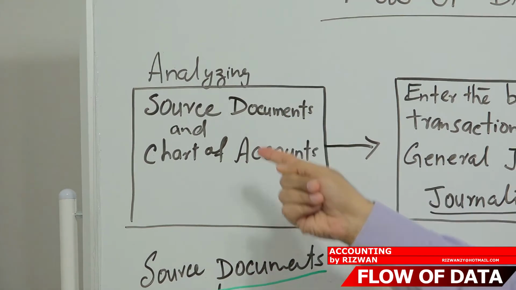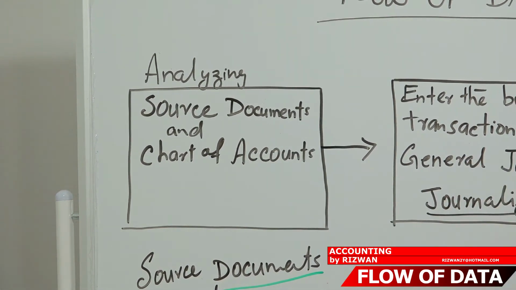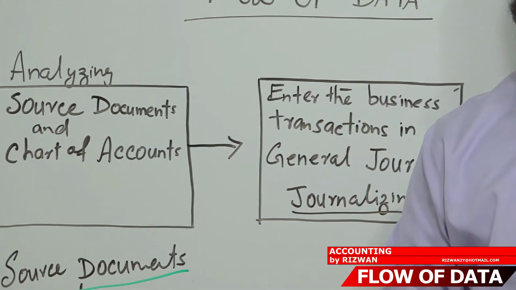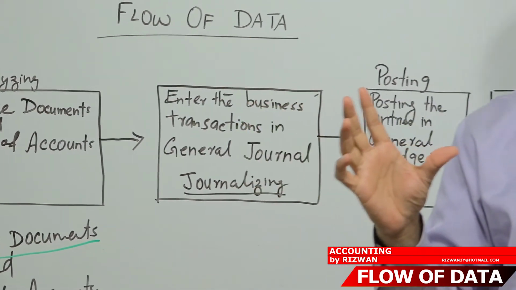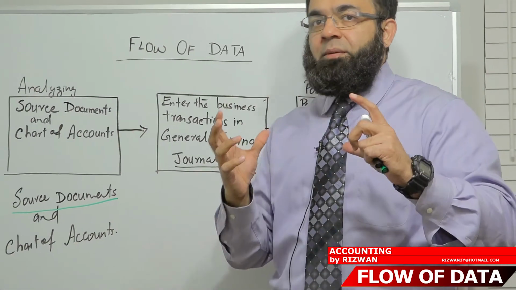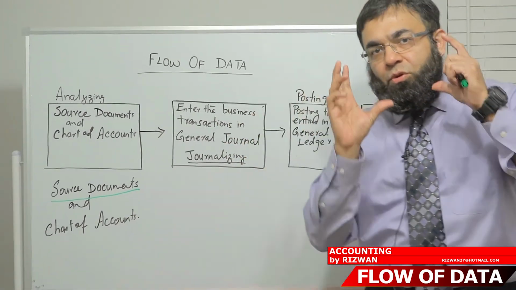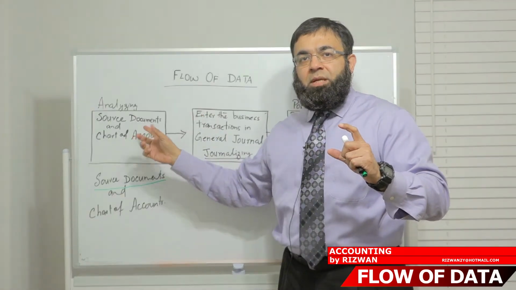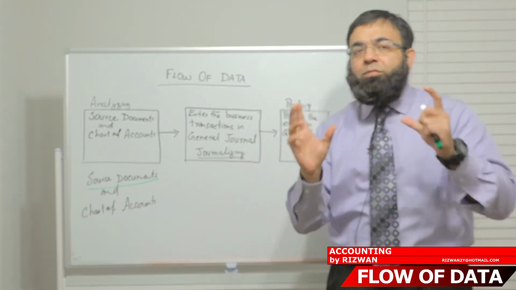Source documents are basically the receipts of the transactions: receipts, invoices. When you get paid, you get check stubs and everything. Those check stubs are considered source documents because they are the evidence of the transactions.